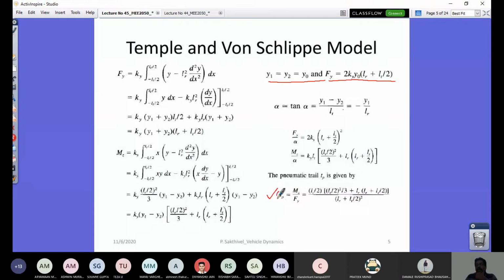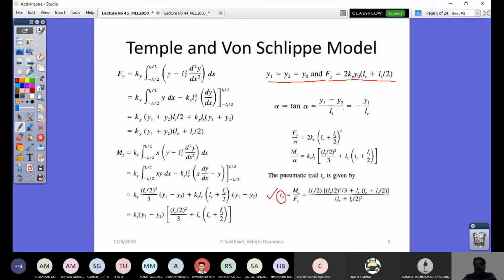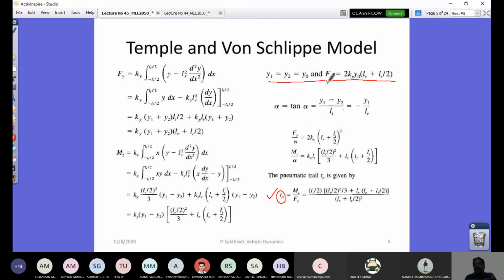So you can get TP experimentally from these two, knowing the TP of your tire, and you would be able to get the relaxation length. And similarly, you would be able to get your Fy. So this Fy we will call as Fy naught. So Fy by Fy naught squared would give you, this Lr disappears and it would be Ky. That's what we have seen in the last class. I missed putting that equation here.